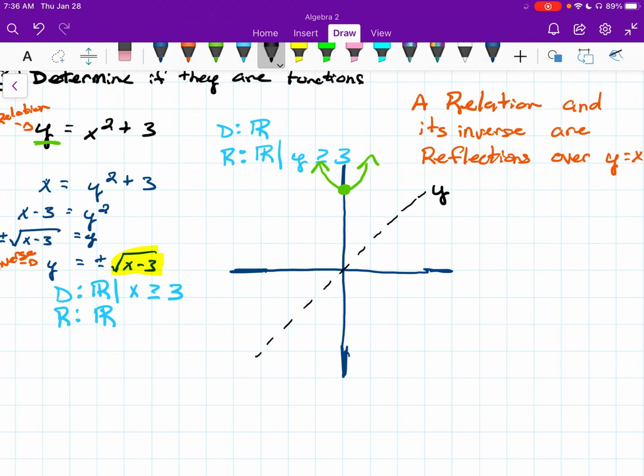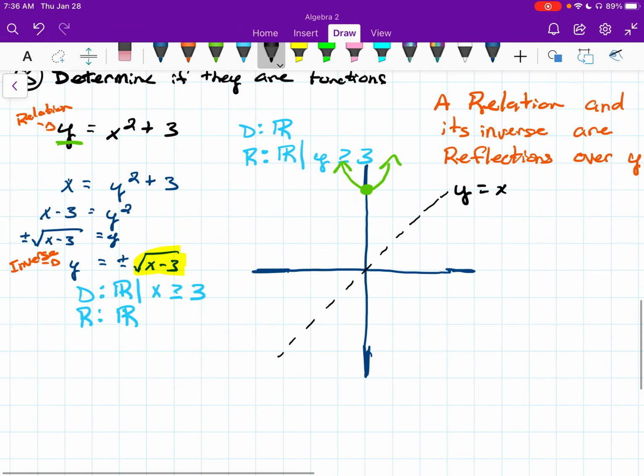This is y equals x. Reflecting it over the line y equals x, we would end up getting, let me graph this one in orange, a parabola on its side like that. Right. This would be a root function.